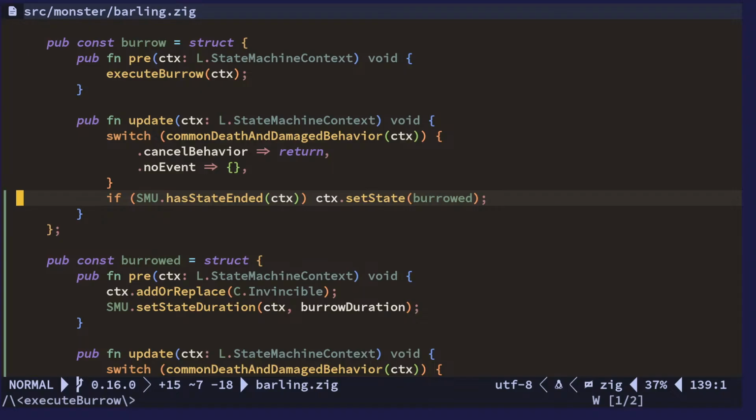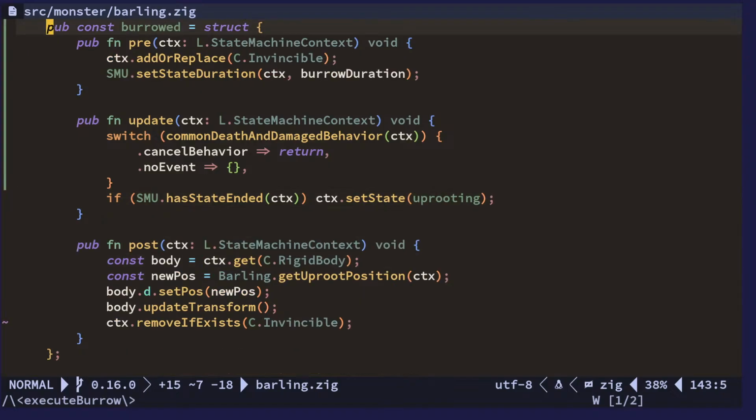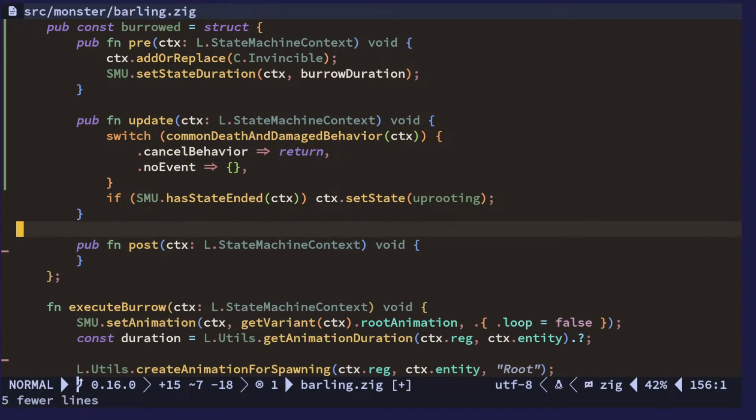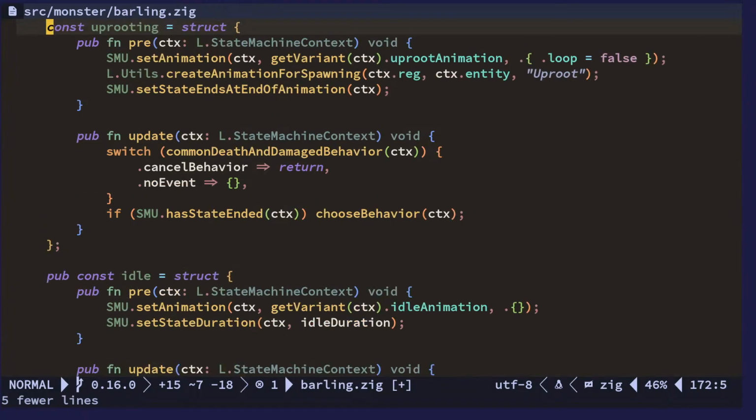Right, and then update, it just waits for the animation to end. It goes into burrowed, at which point we add invincible, and we wait for some time, in which case we go to uprooting, and also at the same time we calculate an uproot position, we set the position, we update it. This could really happen at the pre in uprooting, to be honest.